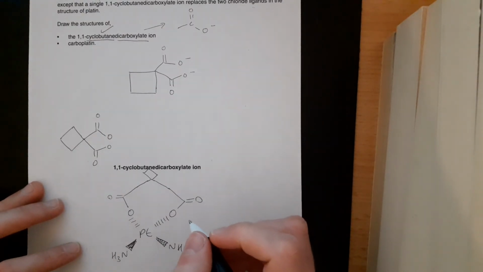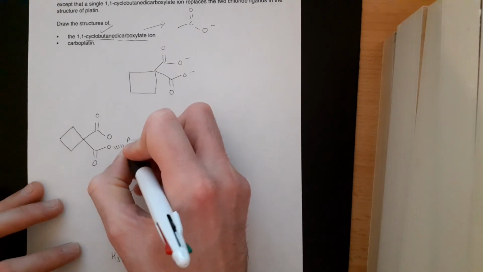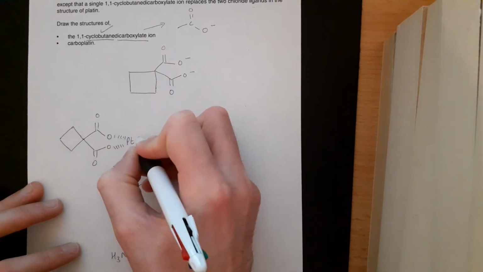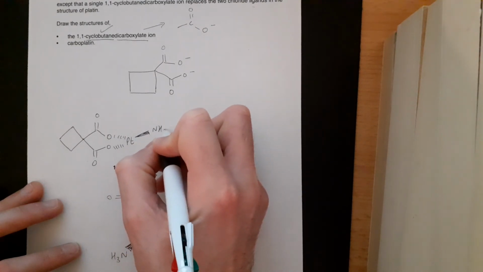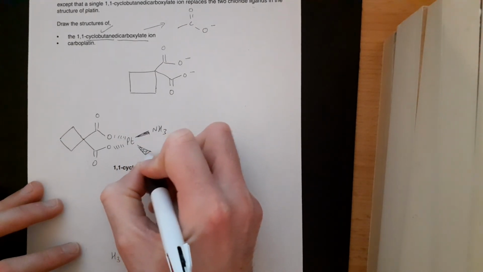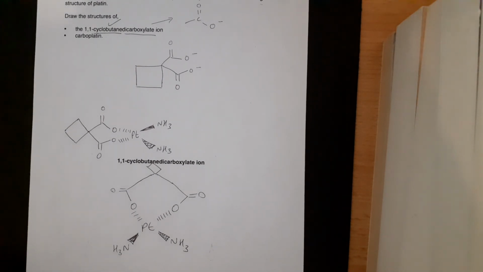And those could both be bonding to my platinum and have my 2 NH3 ligands coming off here. That looks a bit better. Okay. So awkward to draw, but yeah, that's what it should look like.